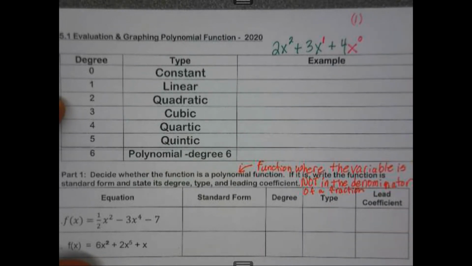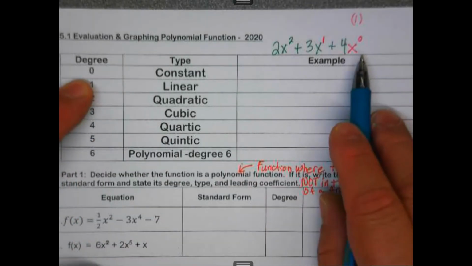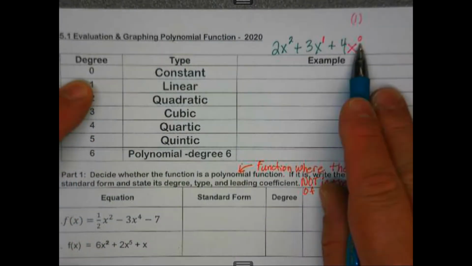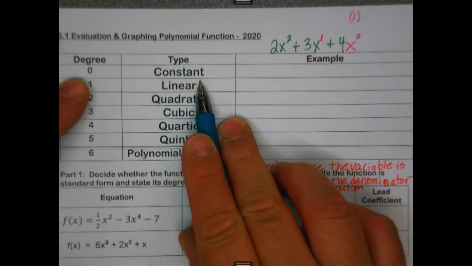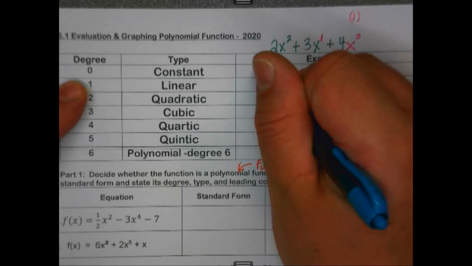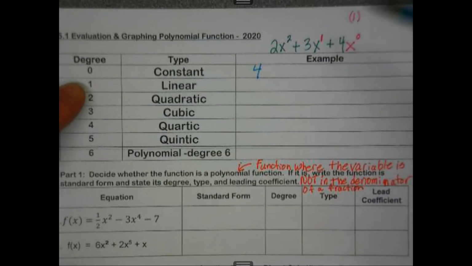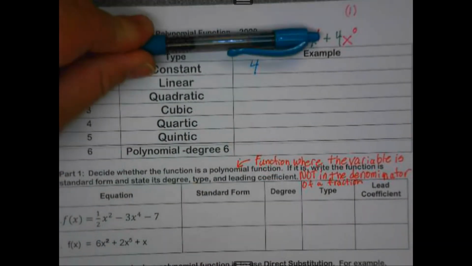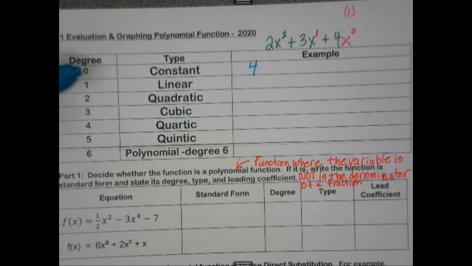So if we look at the first row here, my degree is 0. So I'm looking at this term here, and that's just called the constant term, or, for example, just the number 4 for this polynomial. If I kind of ignored this and just had 4x to the 0, or just the number 4, 0 degree, and it's a constant.